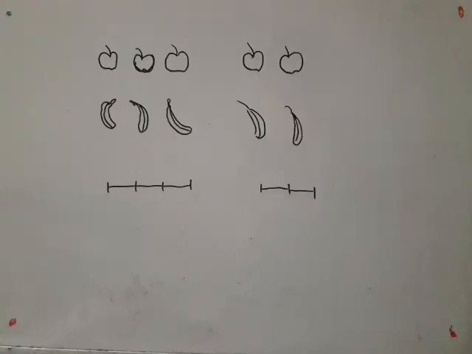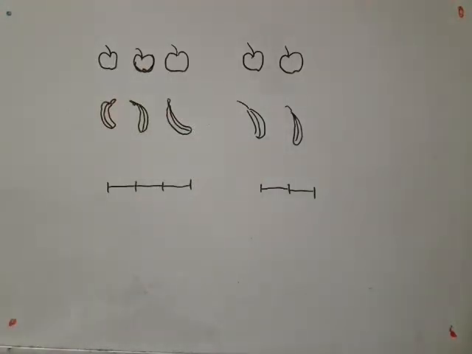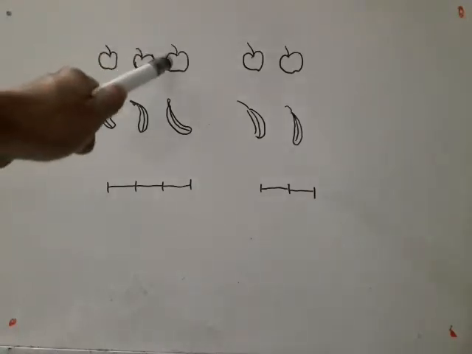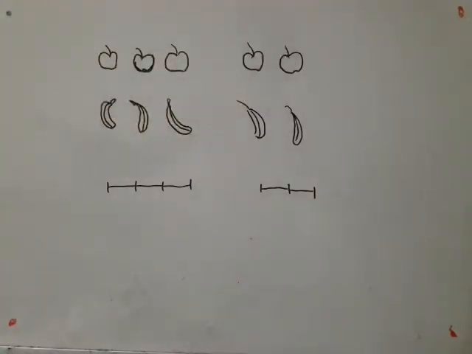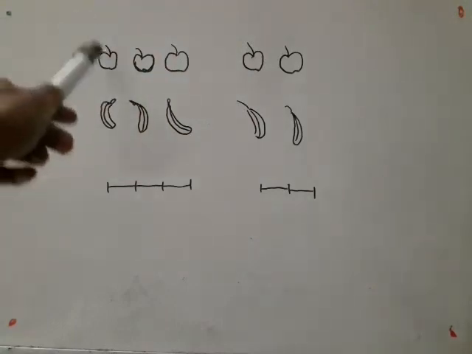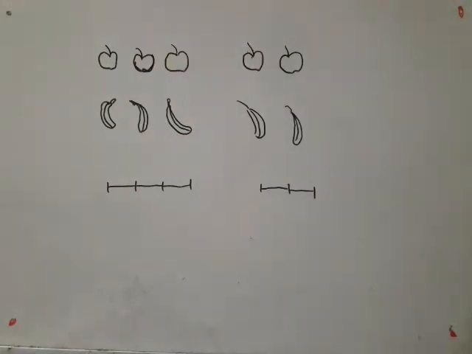For example, if I ask you that there are 3 apples and I give you 2 more apples, how many apples do you have? If you ask this question to a child, the child will follow the concrete path. That is 1, 2, 3, then this is 1, 2. The child will actually put the apples together and count 1, 2, 3, 4, 5. And he will answer that there are 5 apples.